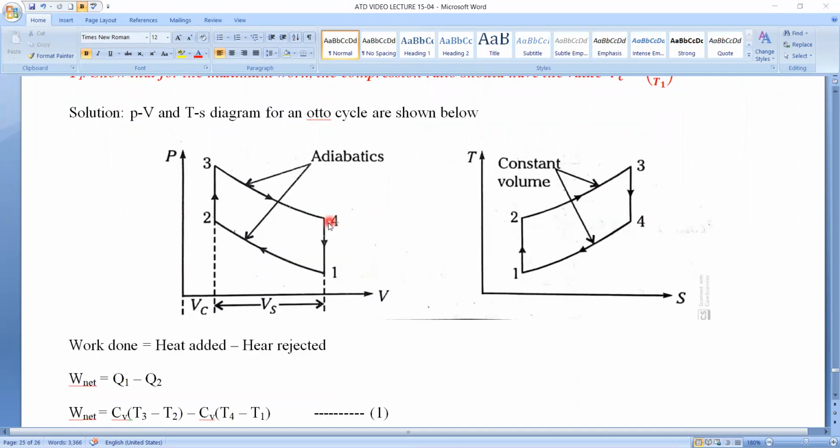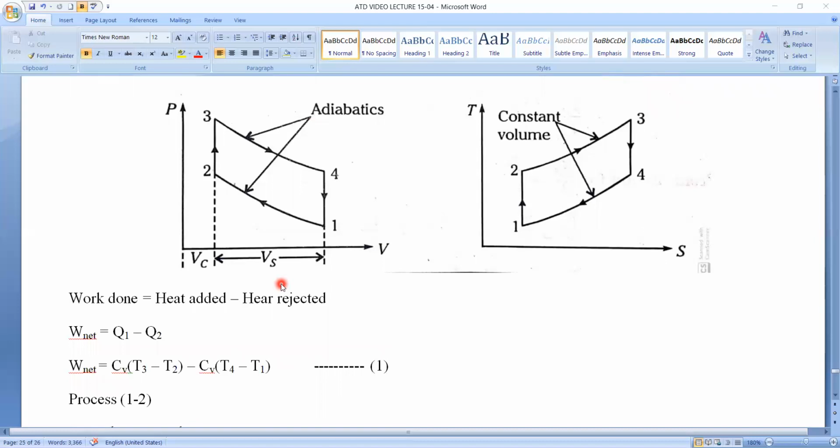So let us draw the PV and TS diagram for the Otto cycle. We know the Otto cycle consists of 4 processes, in which 2 are adiabatic processes and 2 are constant volume processes. So 1 to 2 is adiabatic compression, 2 to 3 is constant volume heat addition, 3 to 4 is adiabatic expansion, 4 to 1 is constant volume heat rejection.